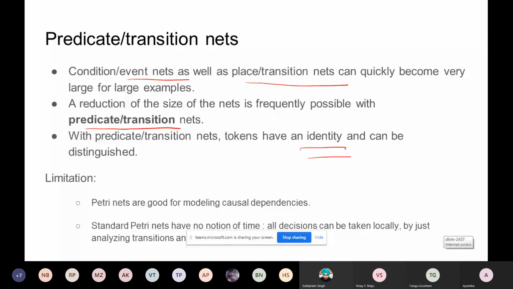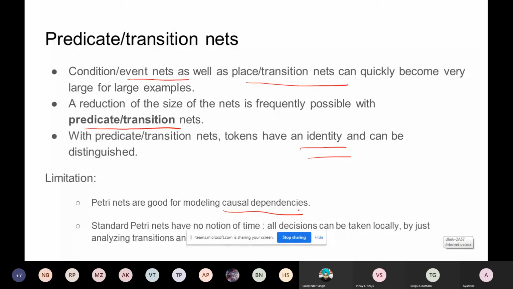Actually, we will take one example, then I think it will be clear. Then we will see how we can associate the identity with these net tokens. This type of Petri net modeling is good for modeling immediate dependencies. But the limitation is, when Petri net was proposed, initially it was not meant for embedded or complex design.